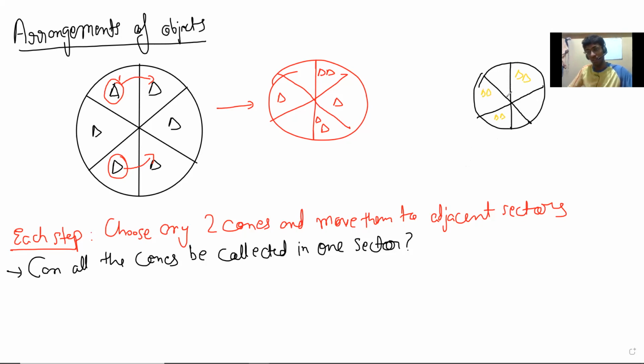If you can reach here, then from here you can certainly reach all cones in one sector. Do you guys see that? Does everybody see that? Because then, as she just said, you can pick these two and you can apply the rule, right? You can move it here.